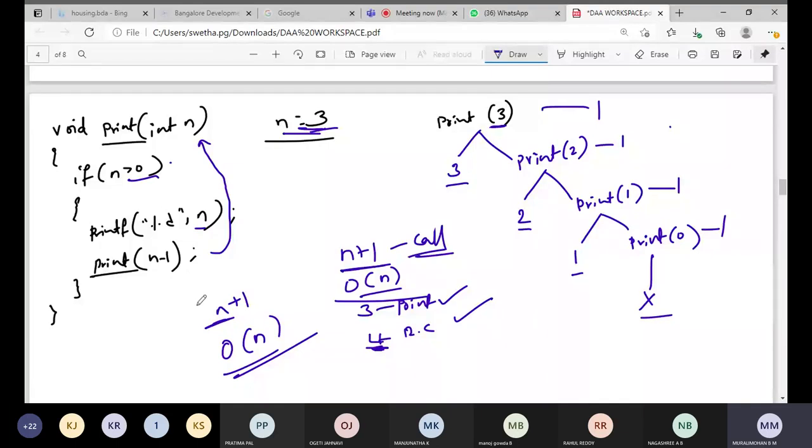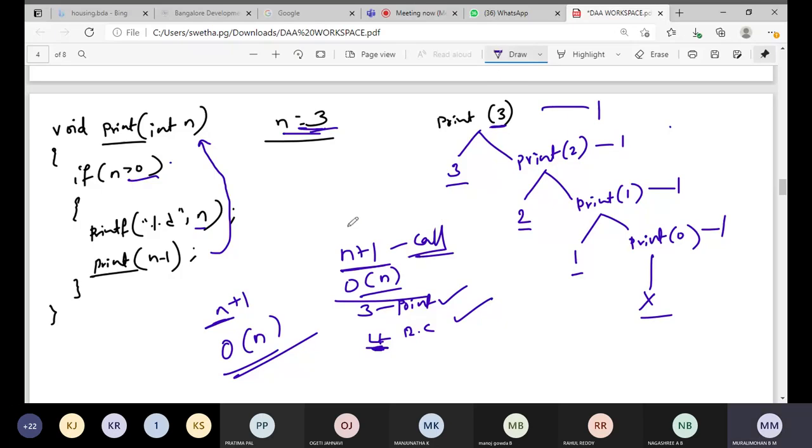Okay, order of n. So this is the time taken by this particular recursive algorithm to print n elements, with respect to the recursive tree we are solving. Let me check whether we will get the same when we solve it using recursion.